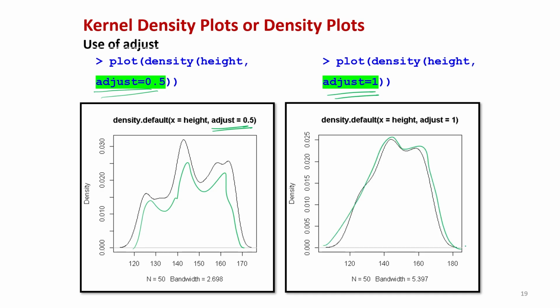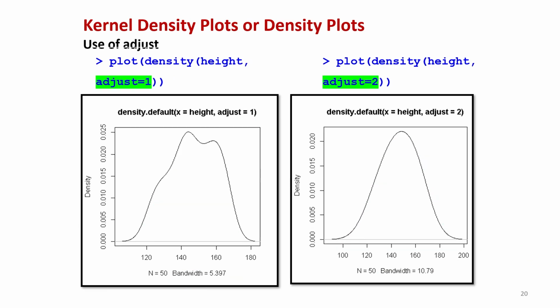So, if you increase the value of adjust, the curve becomes smoother. You can see the bandwidth in the first case, when adjust is 0.5, is 2.698, whereas when you use adjust equal to 1, the bandwidth is 5.397. So, as you increase the value of adjust, the value of the bandwidth also increases. Bandwidth means the width in which you try to make the class intervals, right.